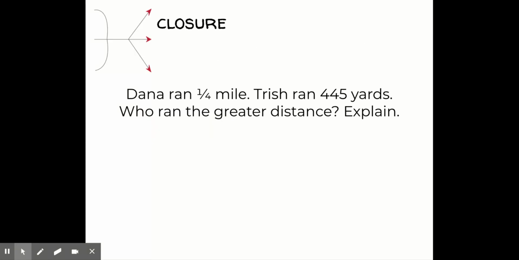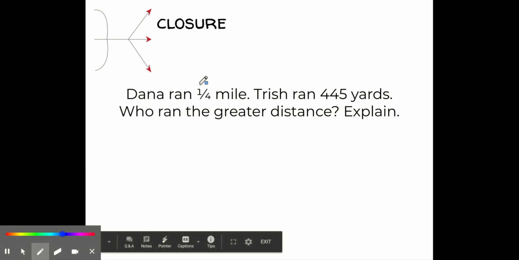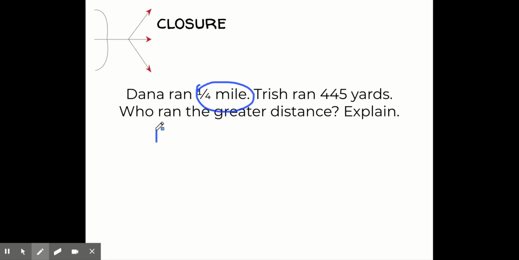Now let's take a look at this question. Dana ran 1/4 mile. Trish ran 445 yards. Who ran the greater distance? Well, I need to convert this 1/4 mile into yards in order to determine who ran more. So I'm going from mile to yards, which means I'm going from large to small, which means I'll be multiplying. 1/4 times 1,760, because there are 1,760 yards in a mile.